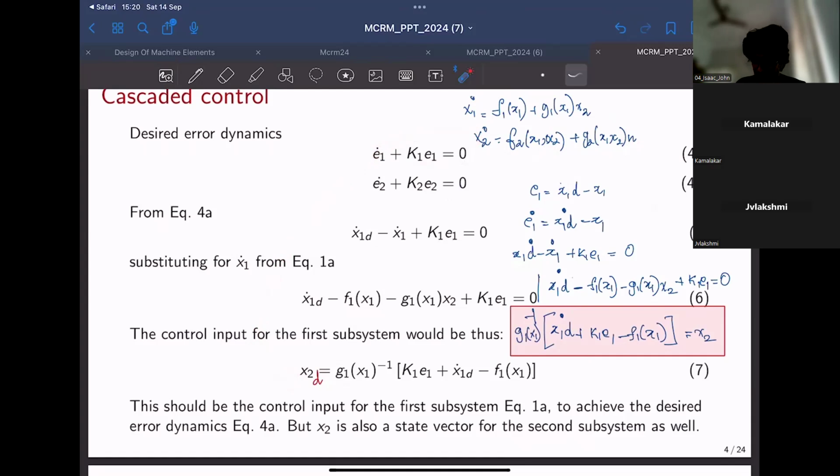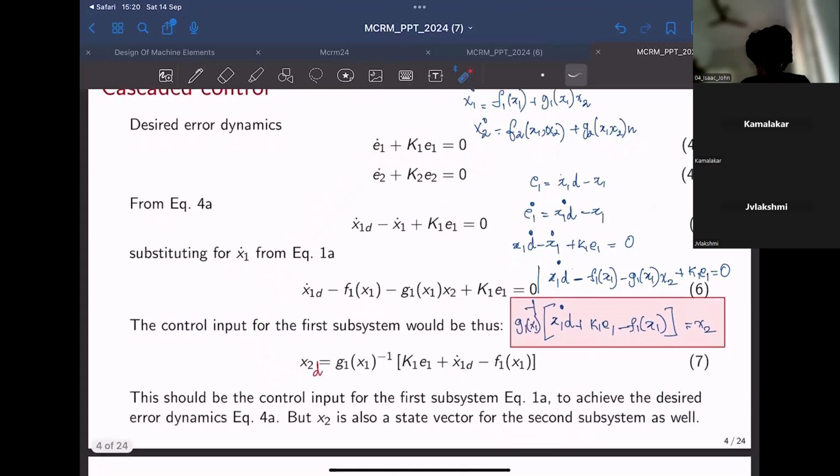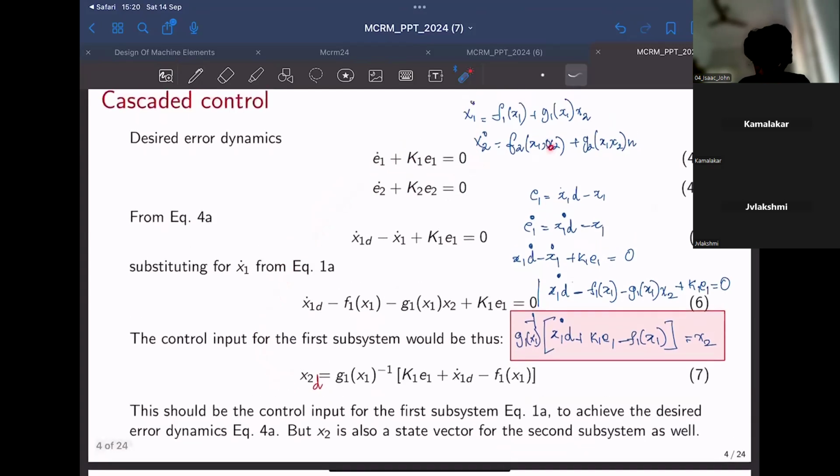So if x2 tends to x2 desired, you can pretty much guarantee that E1 also asymptotically tends to 0. So now the objective would be to make this x2 tend to x2 desired using this control input U.